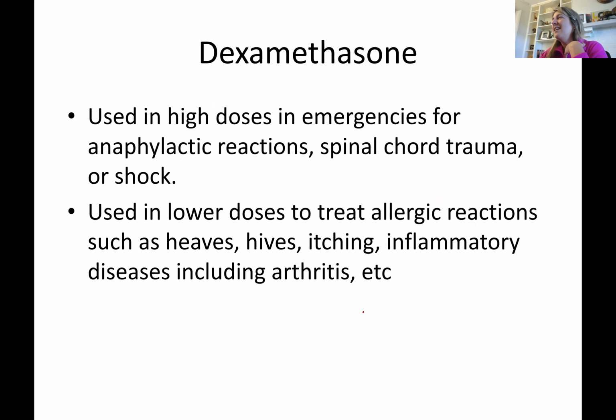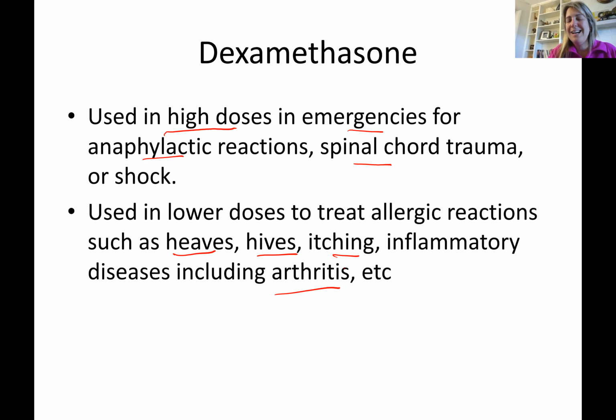Dexamethasone is a steroid or anti-inflammatory drug that is very, very widely used. You can give it orally as a little packet. It can be pills, and it can be injections also. It is used in higher doses in emergencies, for example, for anaphylactic shock or spinal cord trauma or shock, and in medium or lower doses for allergic reactions such as hives, any kind of itching, or arthritis, for example.